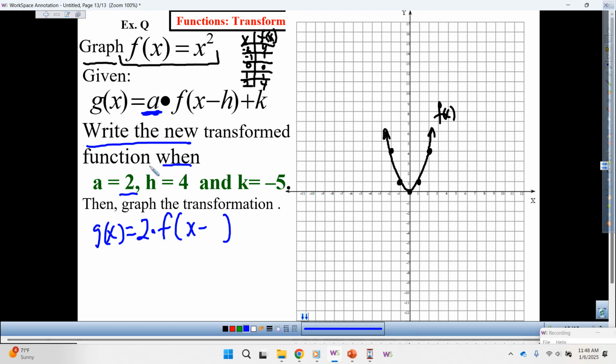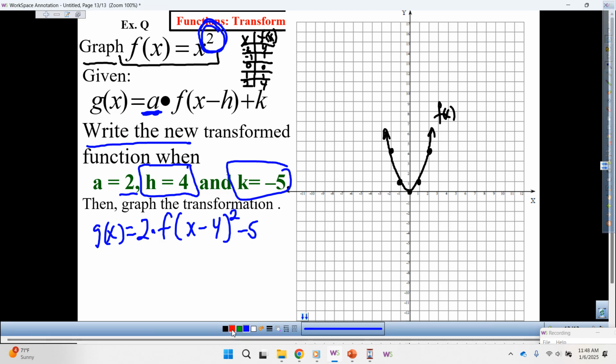Instead of h, what am I going to use? 4. And at the end, instead of k, what am I going to use? Negative 5. And since this is a quadratic, look up. Don't forget to put the square here. Yes? Do we know how to graph this now? Yes, Mr. Q.